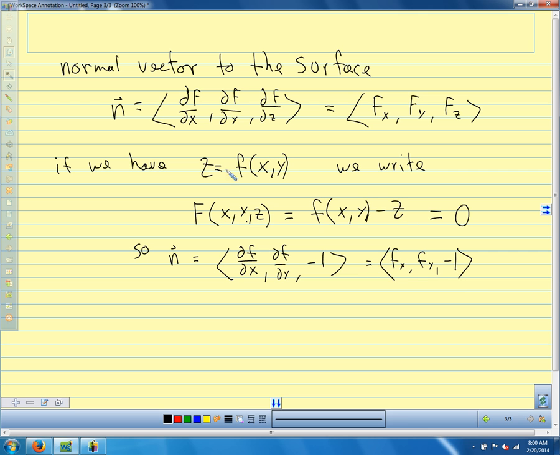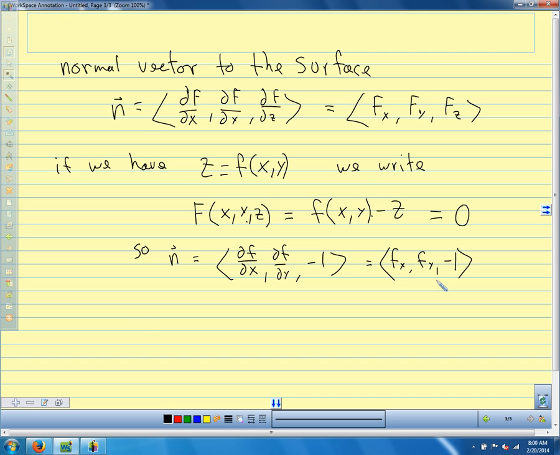So if we have our surface written as z equals f of xy, we rearrange it to f of xy minus z to get f of xyz as a constant, equals 0, and then our normal vector becomes this. The components of our normal vector give us our direction numbers for our tangent plane.